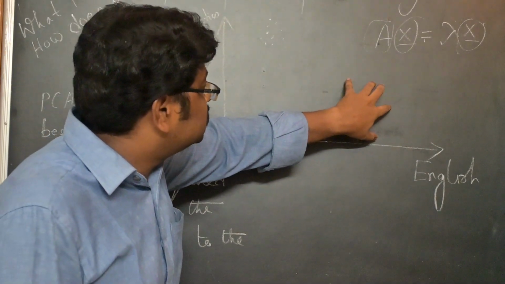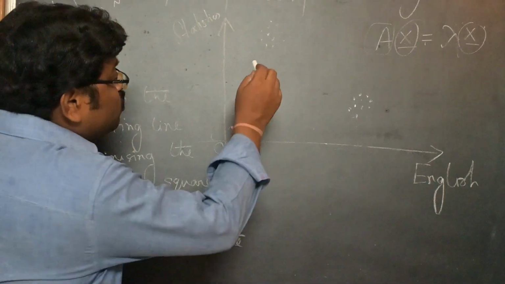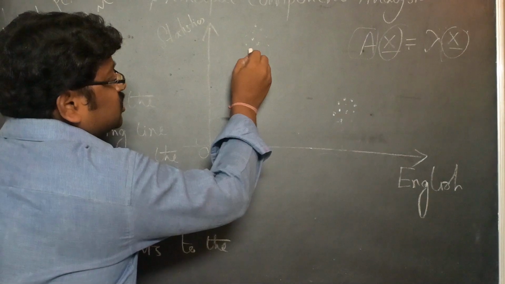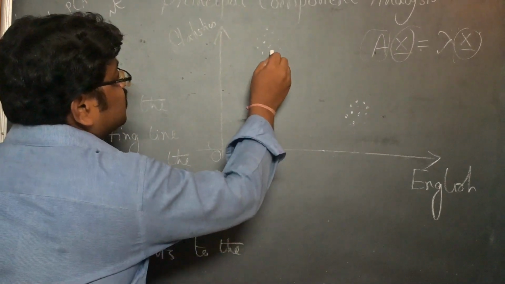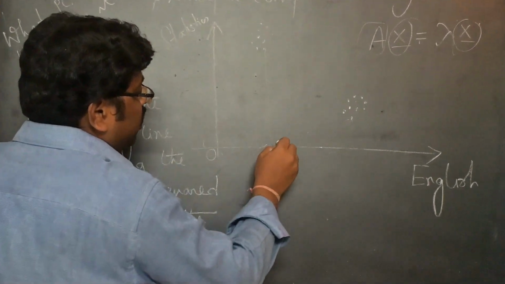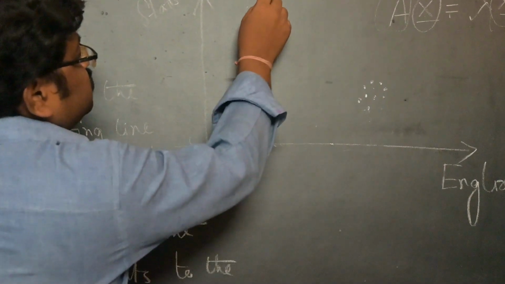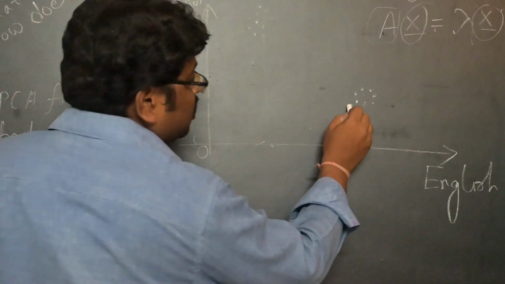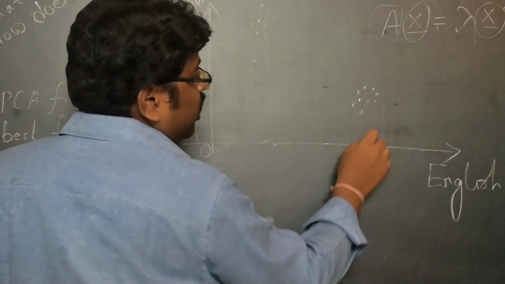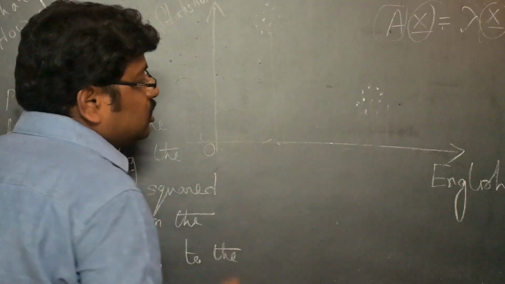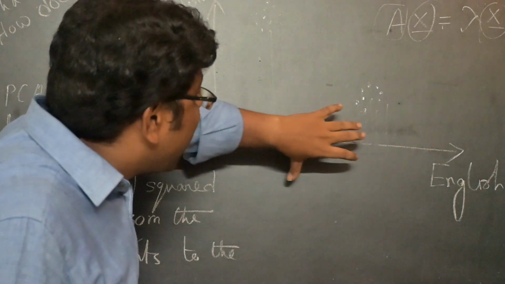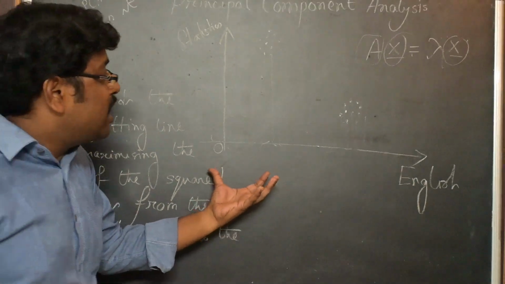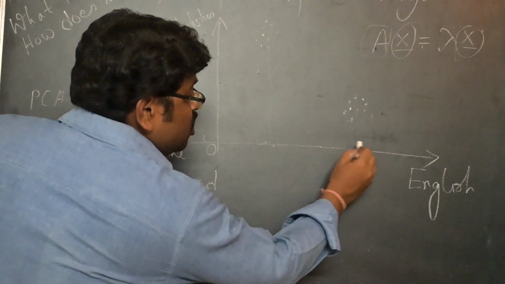If you project these 10 points on the horizontal axis, we get a value for each, and we take the mean of these values.